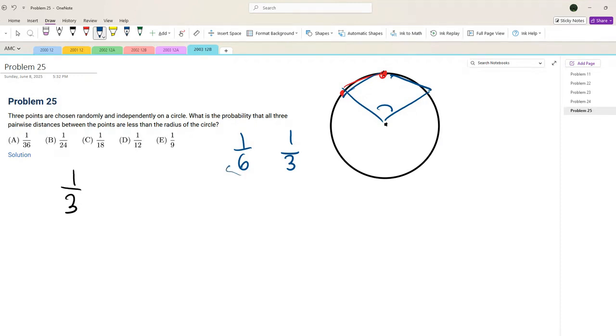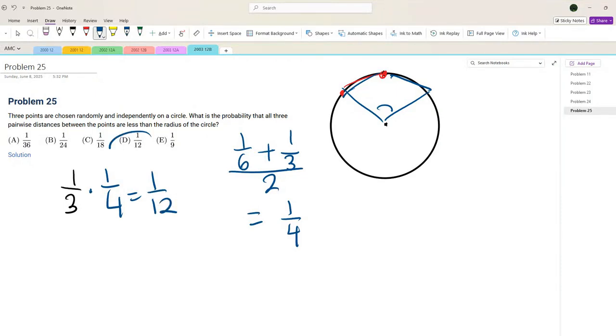And so we can take these most extreme values and average them, and we'll get that it's equal to 1/4. We multiply that with our first original probability to get 1/12, D, which is correct.